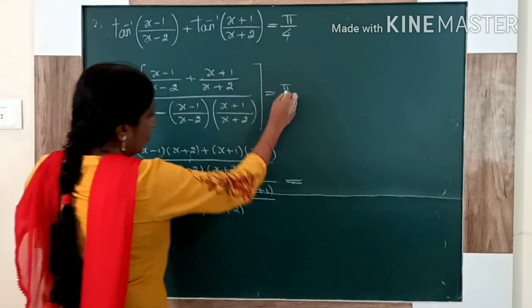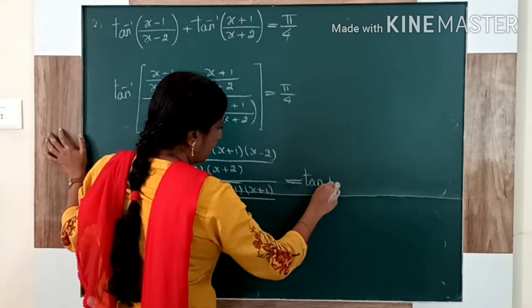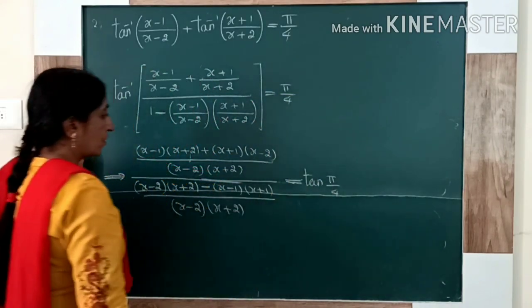Take tan inverse to that side, it will be tan pi by 4.